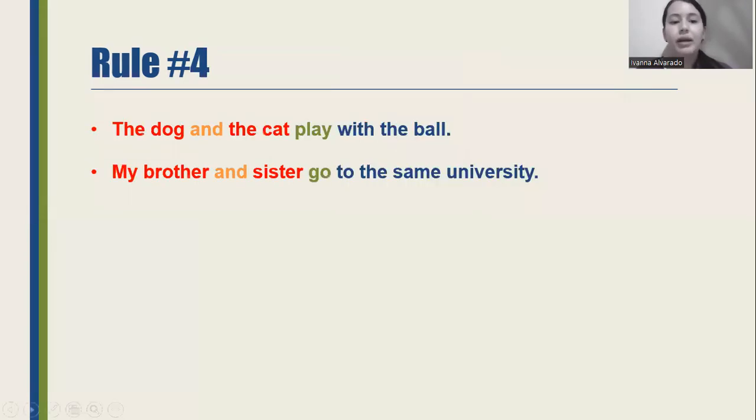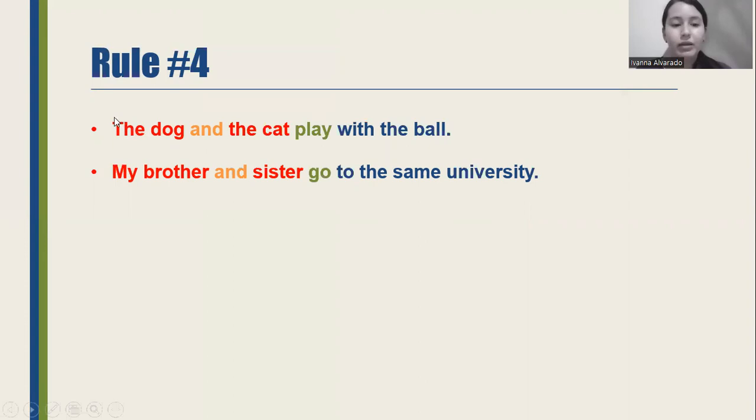Then we have the examples with rule number 4. We have: the dog and the cat play with the ball, and my brother and sister go to the same university. In these sentences we use singular subjects.